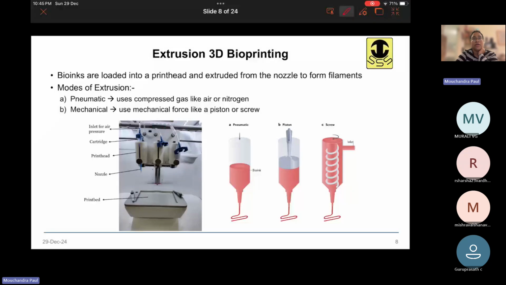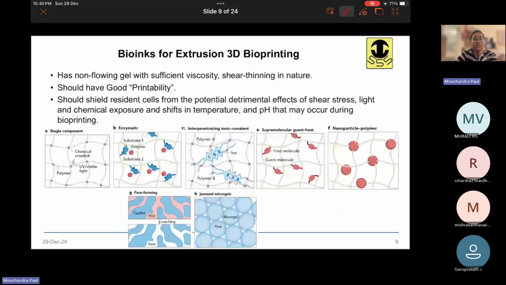When you start thinking about designing bioinks for extrusion 3D printing, you need to make sure that the bioink is shear thinning in nature. So what's shear thinning? Shear thinning is a type of non-Newtonian fluid where the viscosity of the material decreases as we apply more shear force.